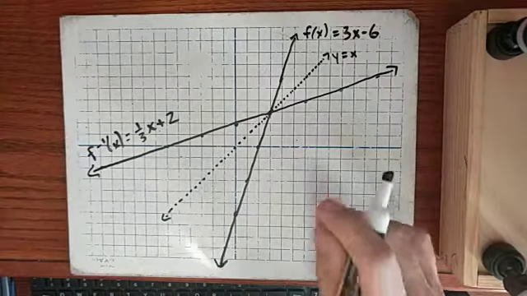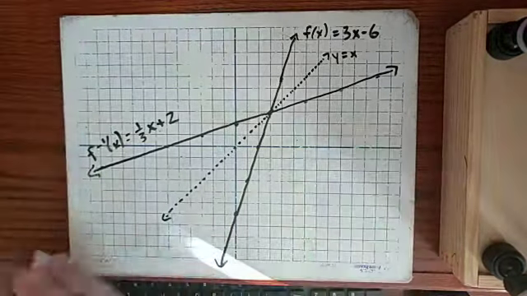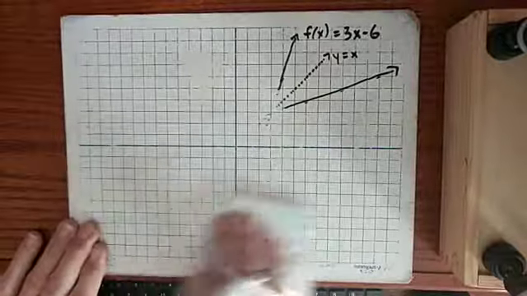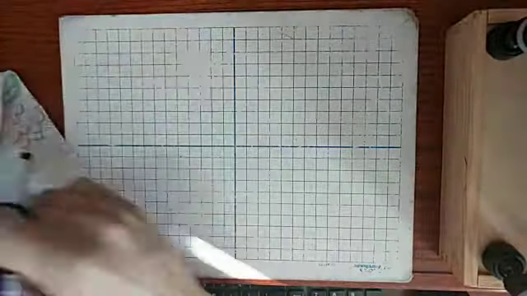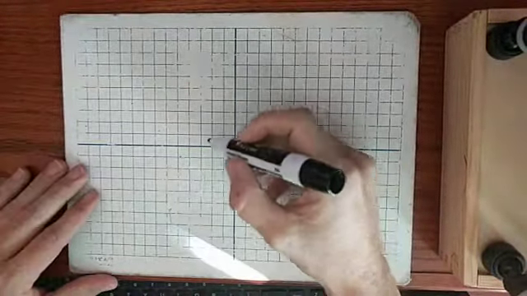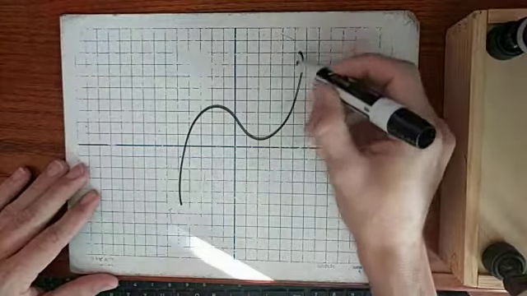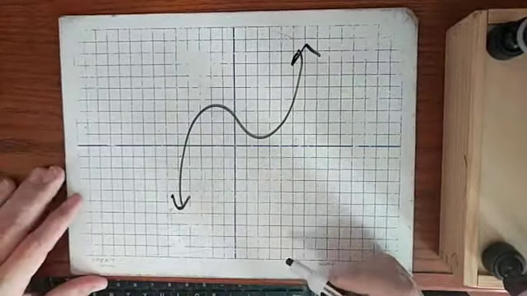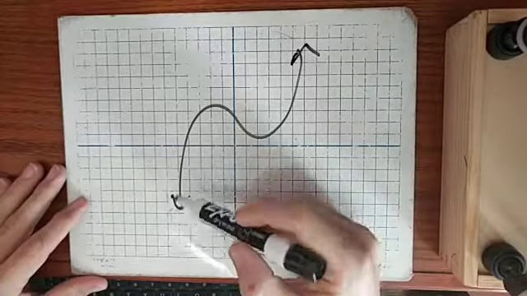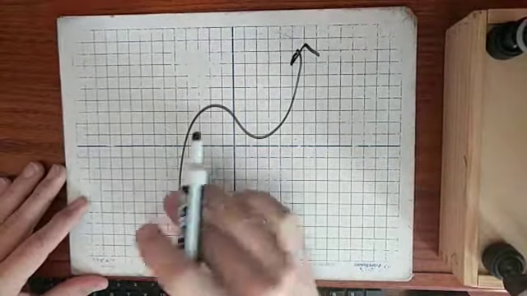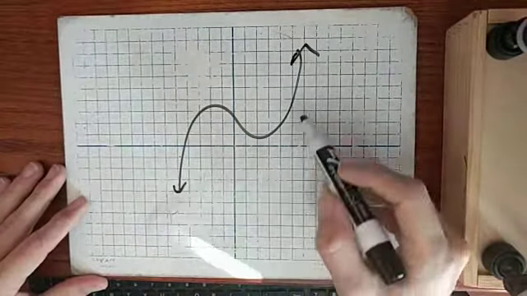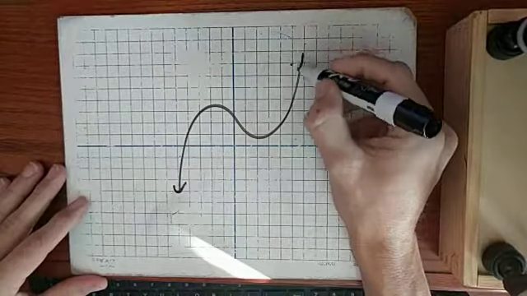Now, speaking of, let's just draw a random graph here. Like, say we have something like this, okay? So this is definitely a function, at least I meant for it to look like a function. There we go.